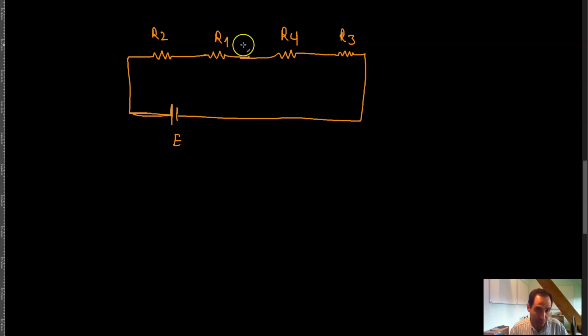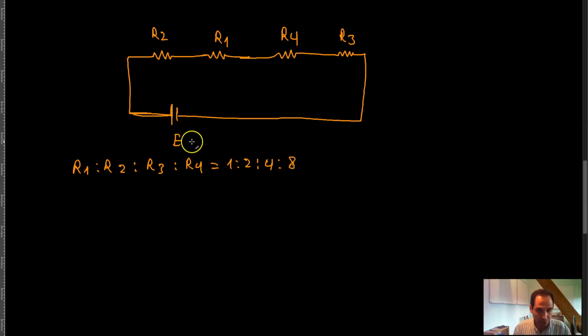Now suppose that these resistors R1, R2, R3, and R4 are in the ratio 1 to 2 to 4 to 8. So you can say that R1 to R2 to R3 to R4 is equal to 1 to 2 to 4 to 8.